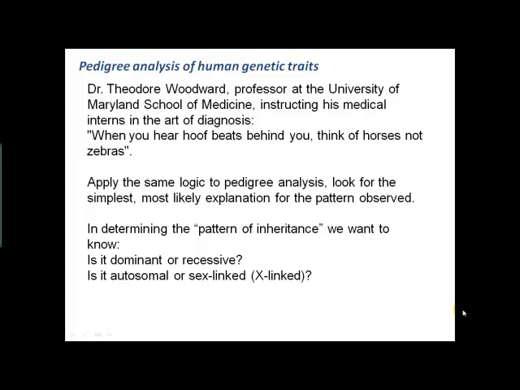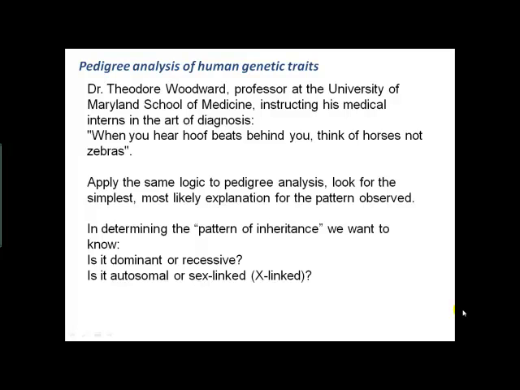There's a great quote from Dr. Theodore Woodward, a professor at the University of Maryland School of Medicine, that he gives his medical school interns in The Art of Diagnosis: when you hear hoofbeats behind you, think of horses, not zebras. Occam's razor tells us that we need to be looking for the simplest, most likely explanation for the pattern that we're observing.